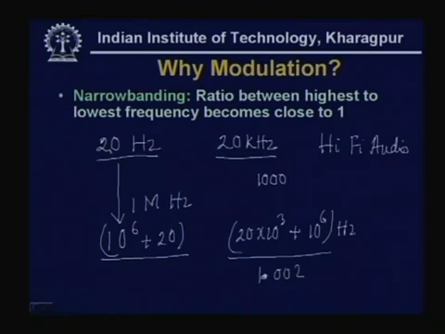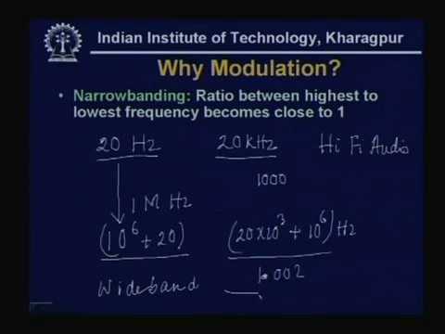You see, we are converting a wide band signal, wide band not in terms of absolute values. You can see here 20 hertz to 20 kilohertz, these are not really very high frequencies. However, you may consider it wide band in terms of the ratio of the highest frequency to lowest frequency.